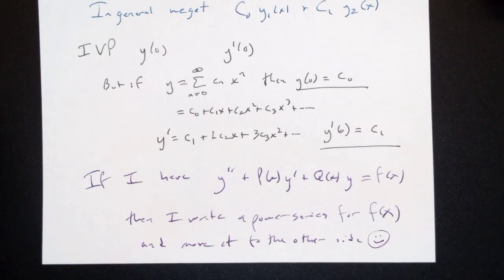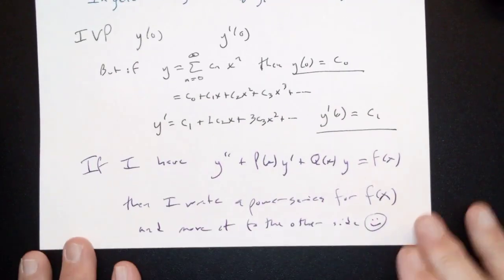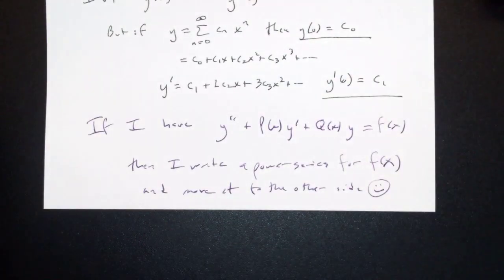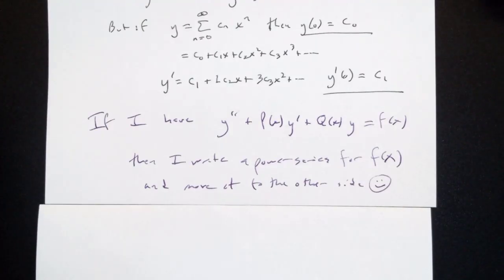So basically, I'm going to do the same thing. They'll just be extra bits on the right-hand side. Now, in order for this to work, the power series for f of x has to exist at our x0, our ordinary point. So f of x can't be singular at 0.